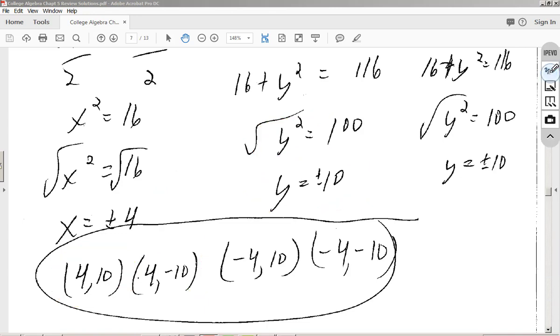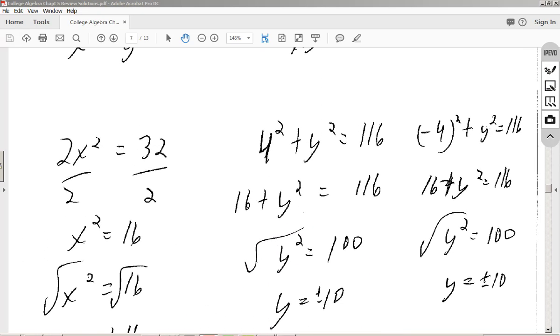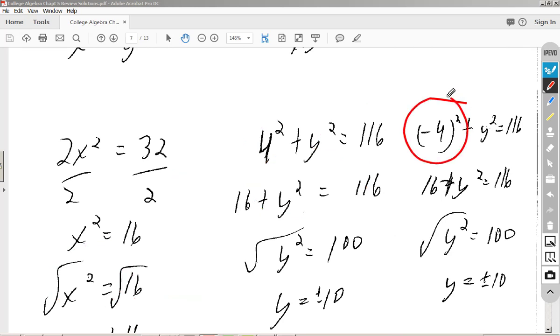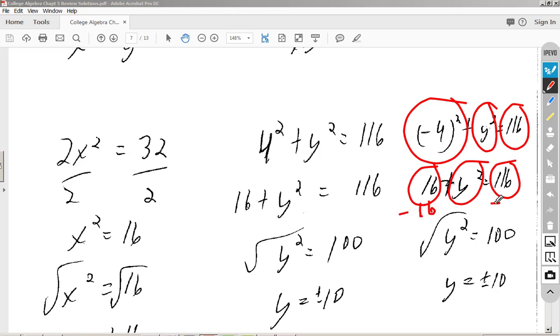Now I go to the same equation and substitute in negative 4. And you'll notice it does pretty much the exact same thing. When I put in this negative 4, I got negative 4 squared plus y squared equals 116. Negative 4 squared is 16 plus y squared equals 116. I go ahead and subtract 16 from both sides. And I get y squared equals 100.